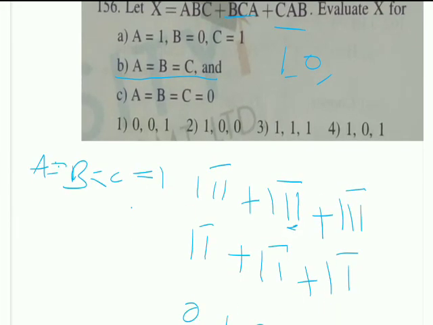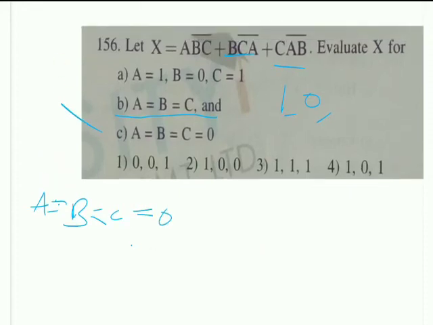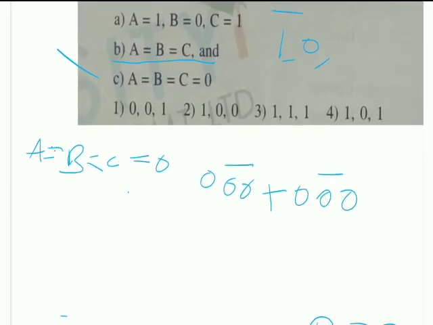and option C, checking, is equal to 0. Option C checking: 0 0 0 complement plus 0 0 0 complement plus 0 0 0 complement.